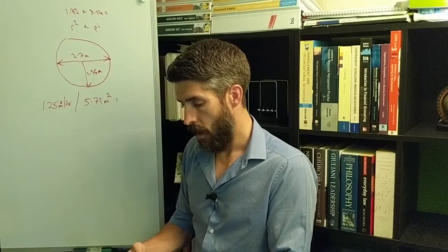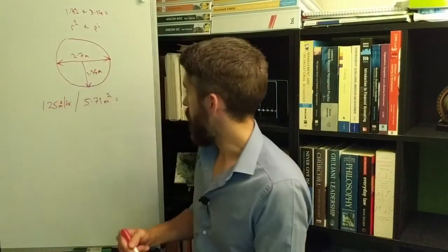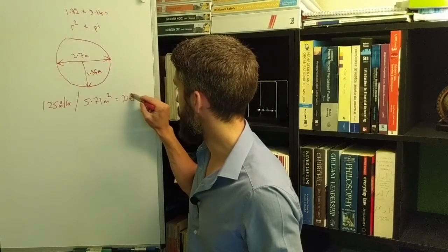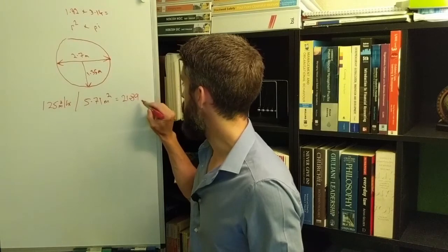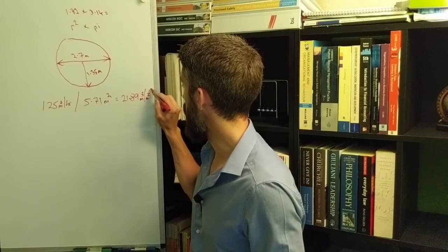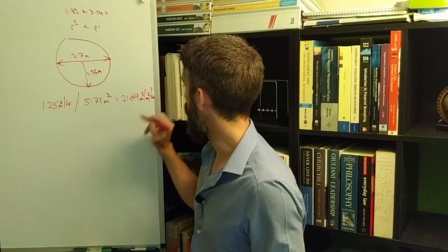21.89, and the way it's expressed is 21.89 meters cubed over meters squared per hour.